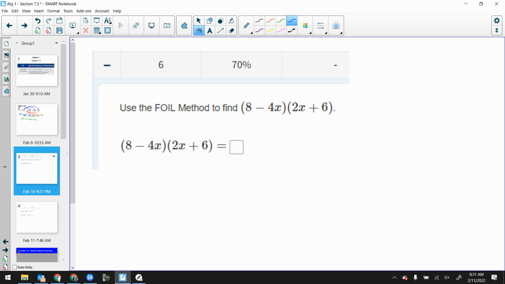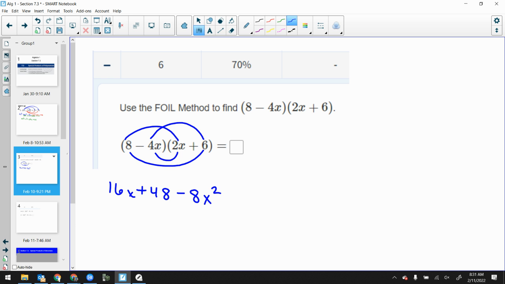Now, that shouldn't throw us off too much, though. We can still FOIL. 8 times 2x is 16x. 8 times 6, this is the outer, is just 48. Inner. Now, be careful here. Usually our inners are not squared. This one turns out to be squared. -4x times 2x is -8x squared.